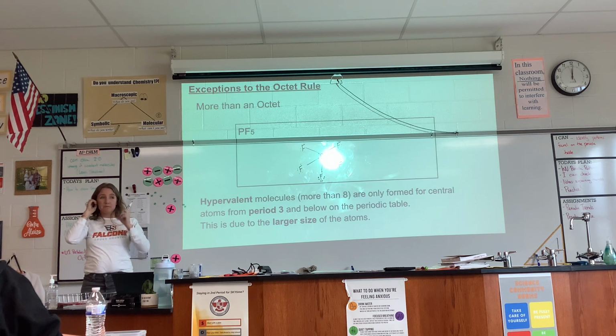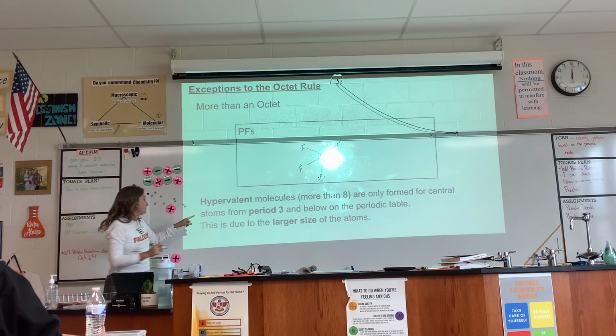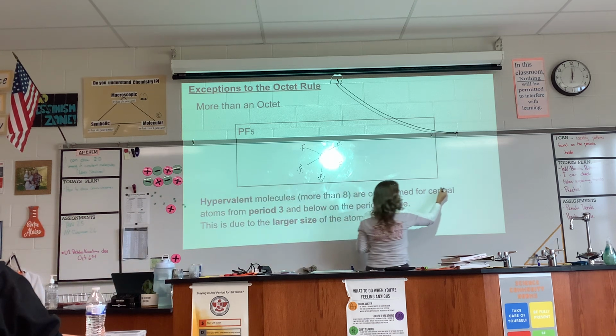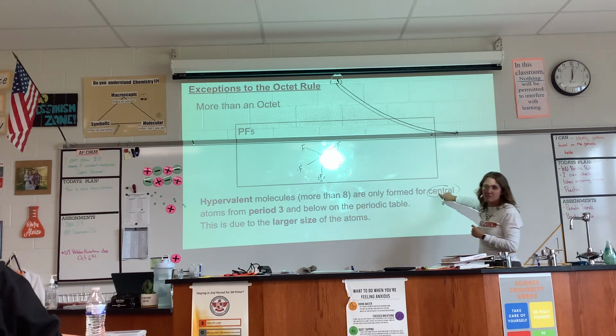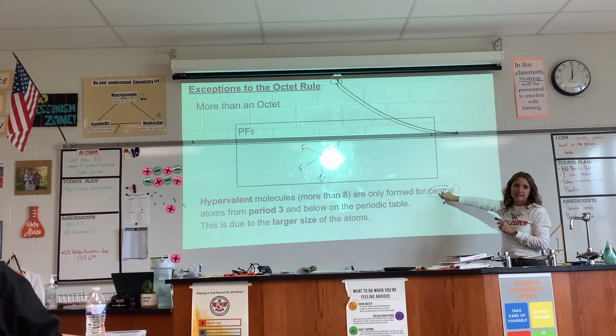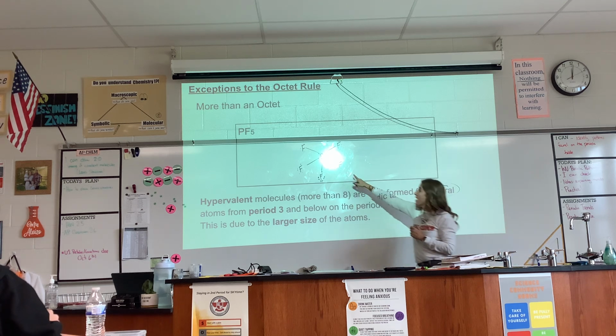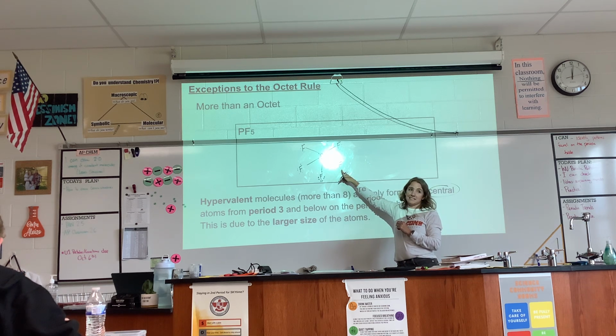Now, with hypervalent, there are some things to consider. Number 1, it will only ever be the central atom. This little phrase is at the very bottom of your exception boxes, by the way. It will only ever be the center. If you ever have an outside one that has more than 8, you've done something wrong. It just doesn't happen.